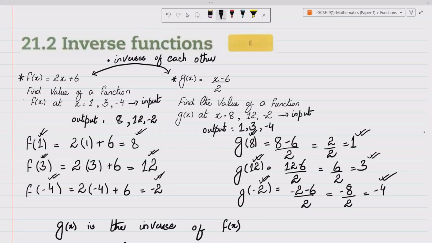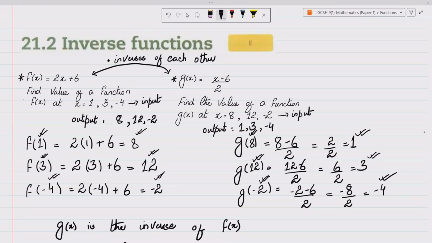Then we see whether the input of f of x equals the output of g of x or not, and whether the input of g of x equals the output of f of x or not. If both are equal, we say our functions are inverses of each other. If not, we say these functions are not inverses of each other.